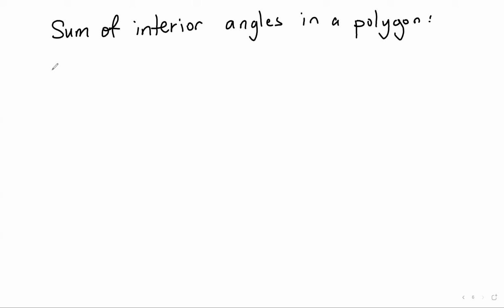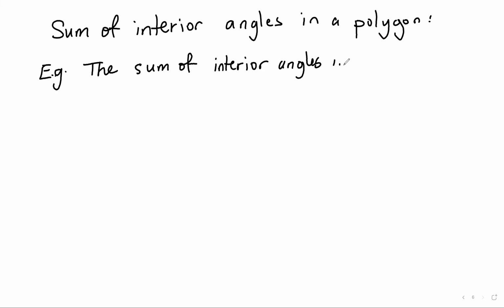Do you know? Anybody knows what is the sum of the interior angles in a pentagon? 540. Yes. So the sum of the interior angles in a triangle equals 180 degrees.